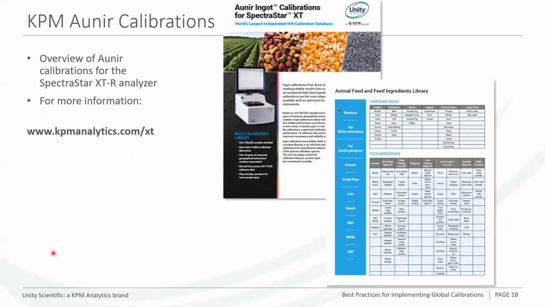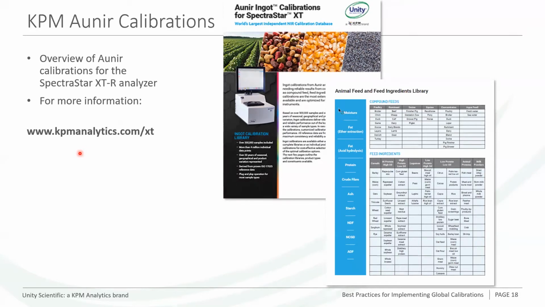Okay, so the Aunir calibrations that have been customized and optimized for Unity instruments are the ones I'm going to describe now. We did just put out a new calibration data sheet. It is on the new website, pictured here. If you want to follow the URL, kpmanalytics.com/XP, you will see the XP analyzers, and they're in the resources.